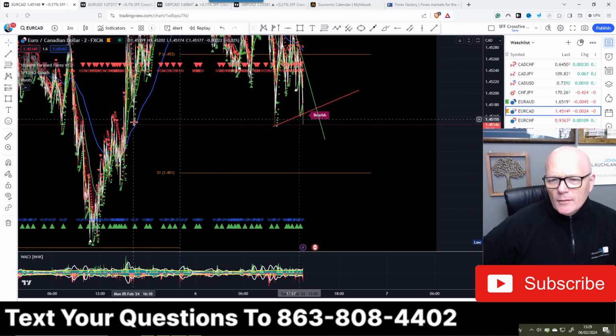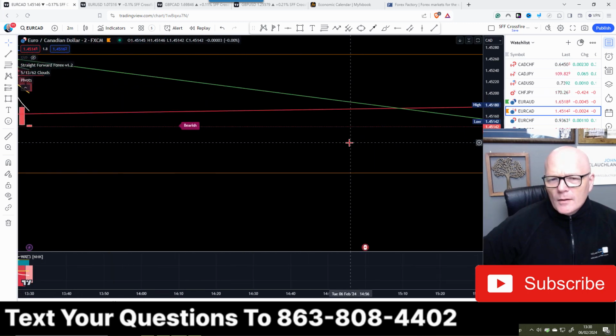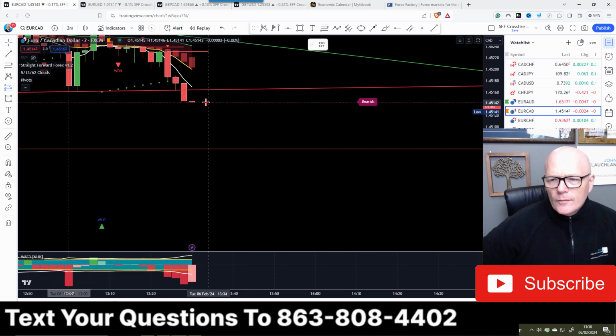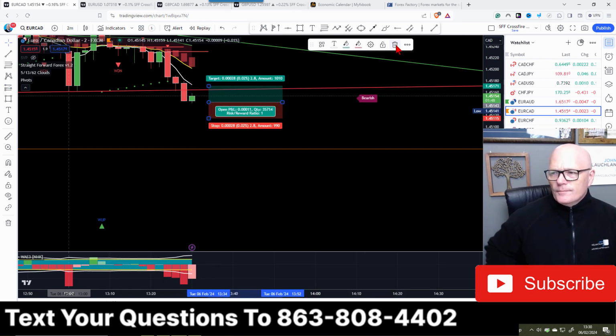So where price is now, look at this, we're at a current resistance area. And if we were to get into this right now, that's the wrong one.